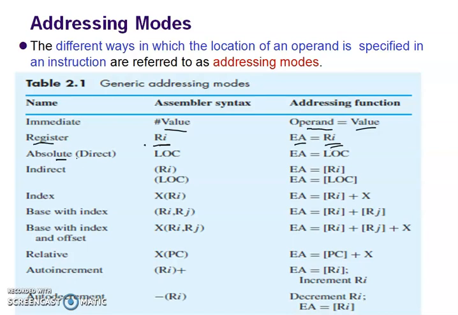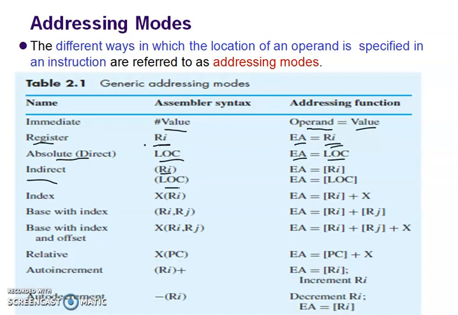Then absolute or direct means a memory location will be specified in the instruction. So effective address will be equal to that memory location itself. Okay. And then indirect addressing mode means you will be specifying either the register or the memory location variable, but in that, the actual value will not be stored.